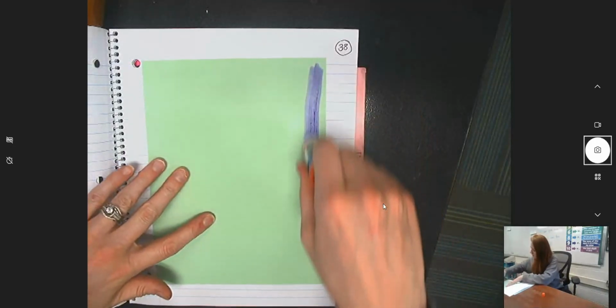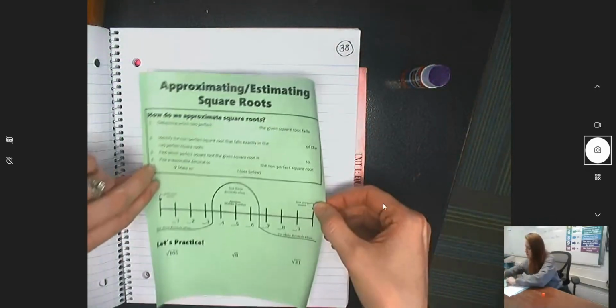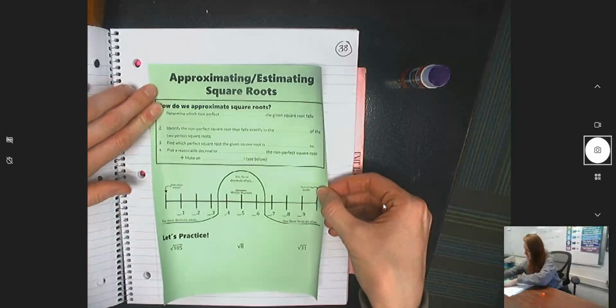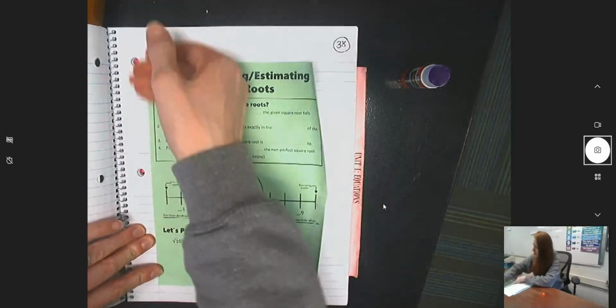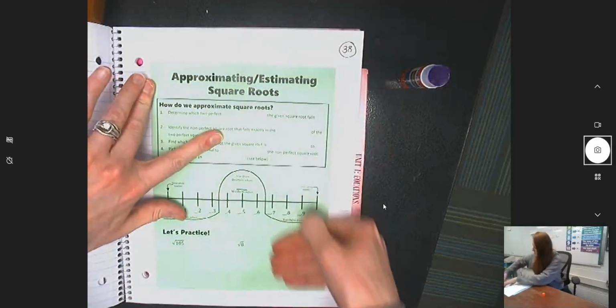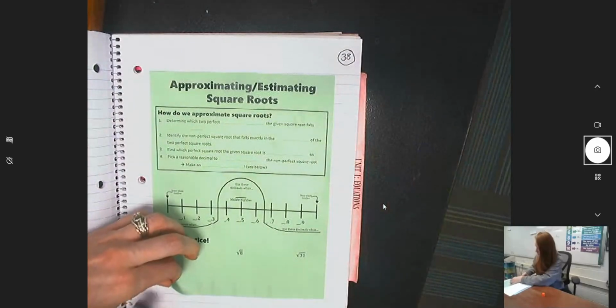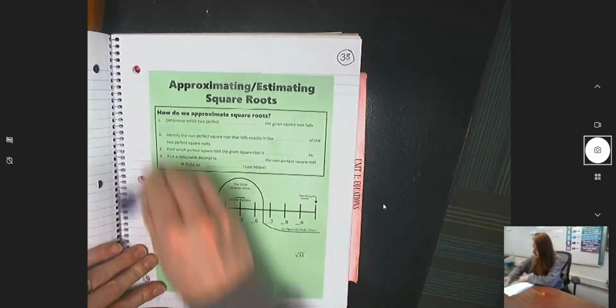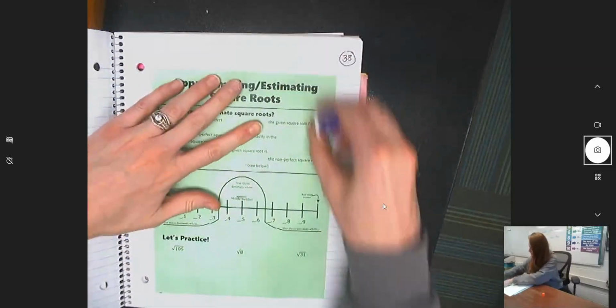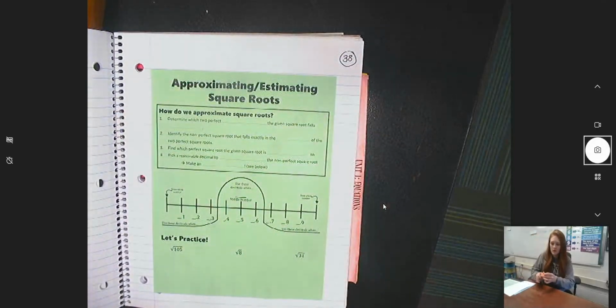So take a moment, do that now, so that you have it. You're also going to possibly need to be flipping back and forth to our pink sheet just a little bit with some of those square roots. Okay, so get that glued in, have your notebook handy, and we will go ahead and get started here.